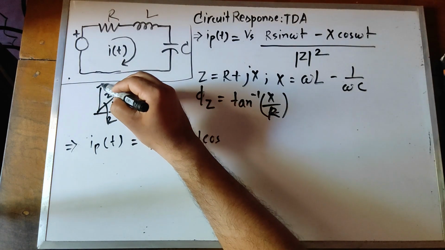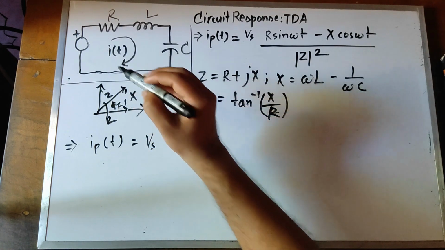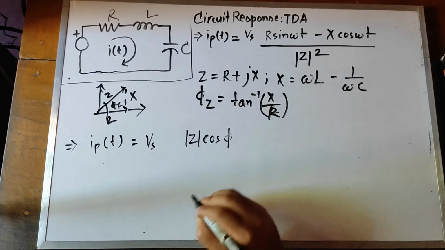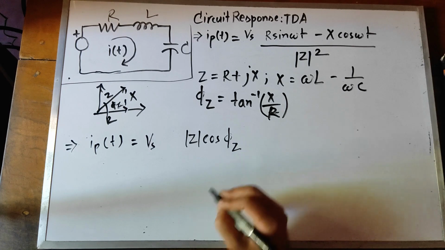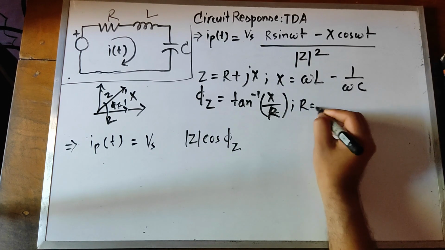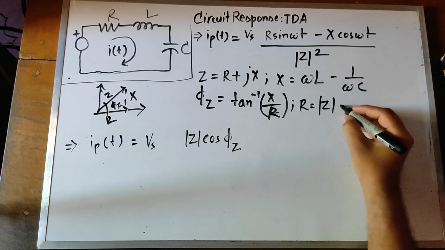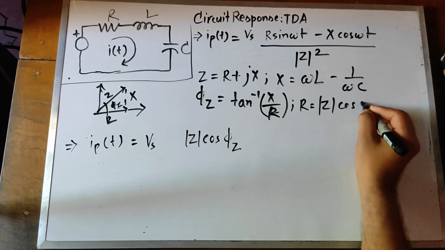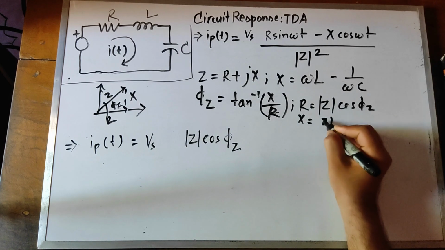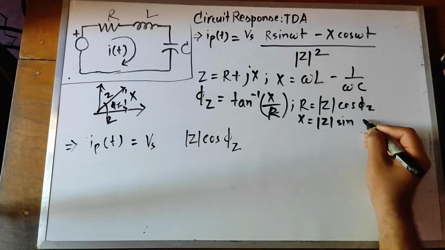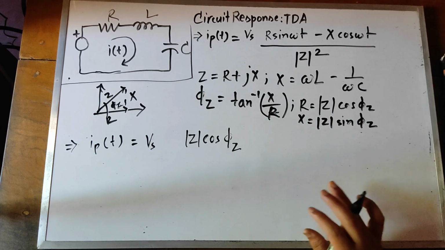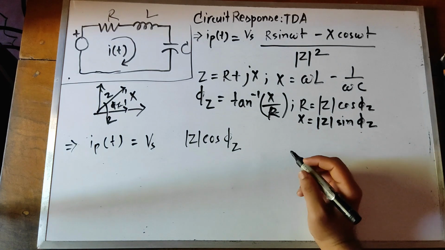So this is z cos phi z, which is R. R is the magnitude times cos phi z, and X is Z sin phi z, if the angle is phi z.